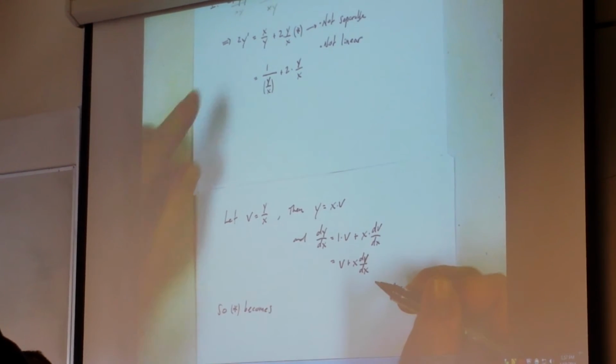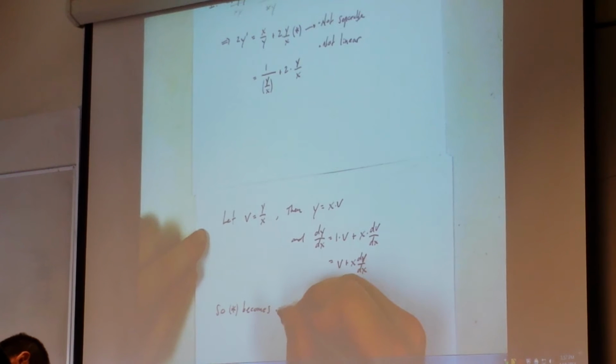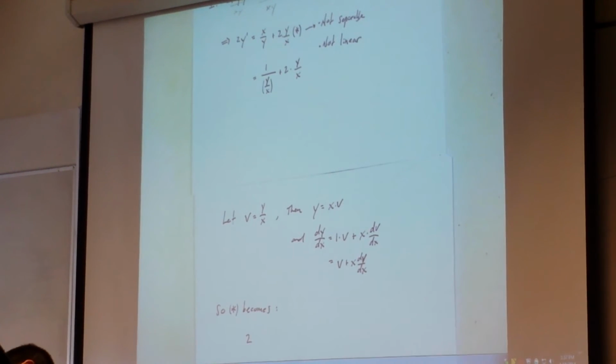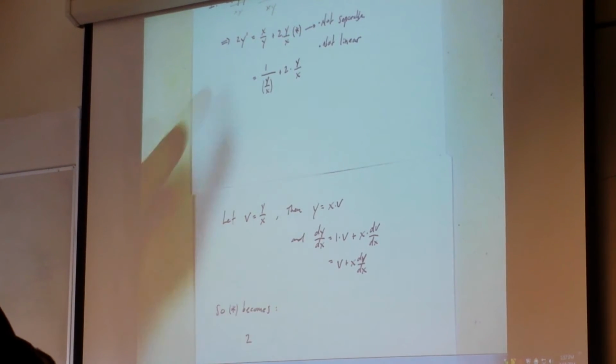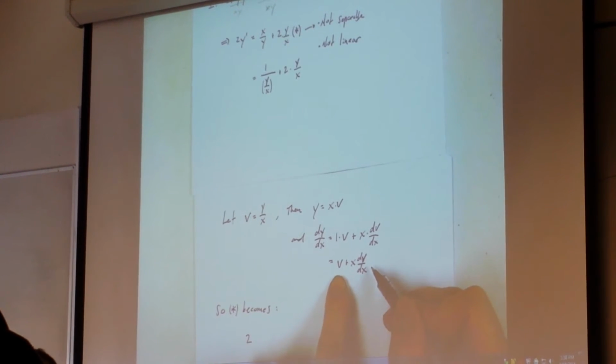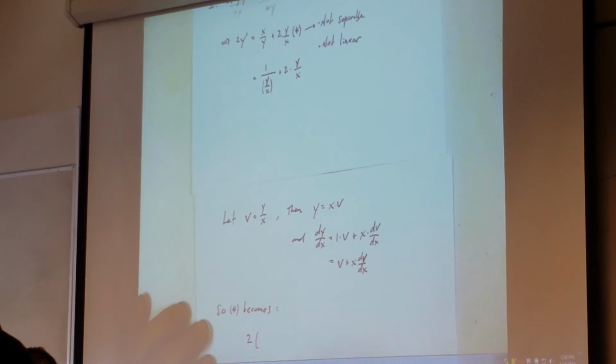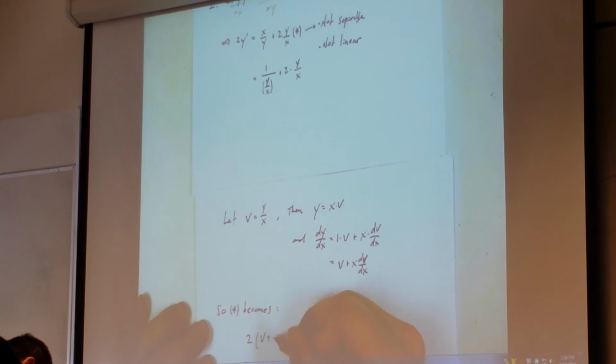So that equation up there becomes, it was 2y prime, which is 2 times v plus x dv dx.